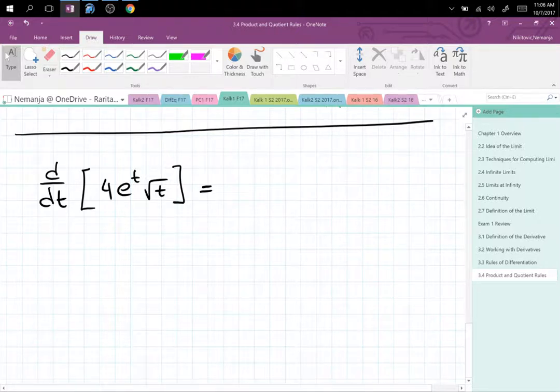What should we do with this 4? Do what? Very good. We have options. You can take the 4, put it in front, or keep it with e, or maybe with the square root. You can do whatever you want with this 4. Let's kick it outside.